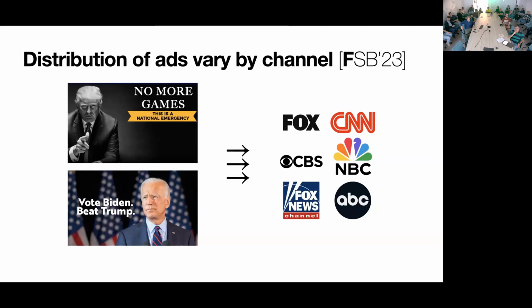And we can't imagine that training a model on this entire group of channels would get us just a single abortion problem or a single immigration problem, because the way Fox News talks about immigration and abortion is very different from CNN. So that's a problem for machine learning and leads to a very suboptimal solution.